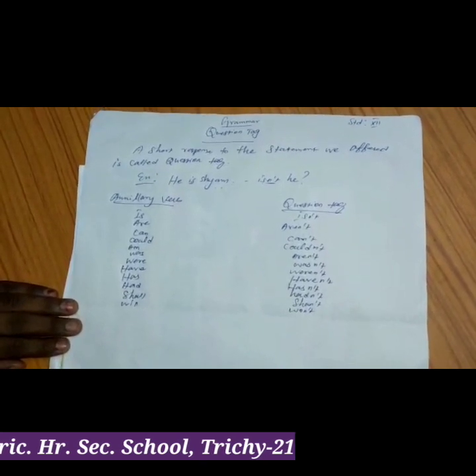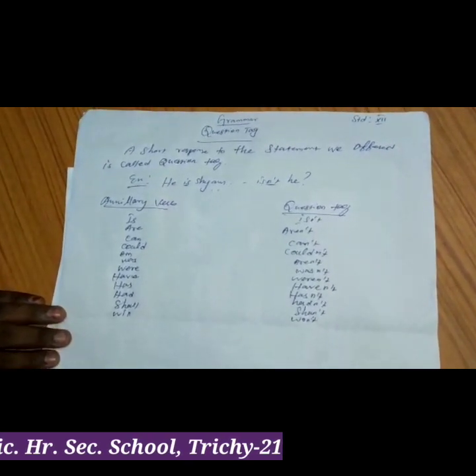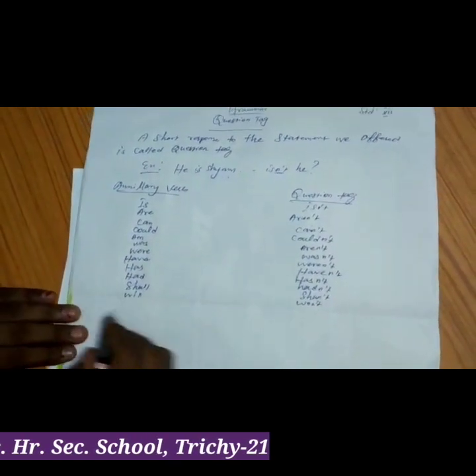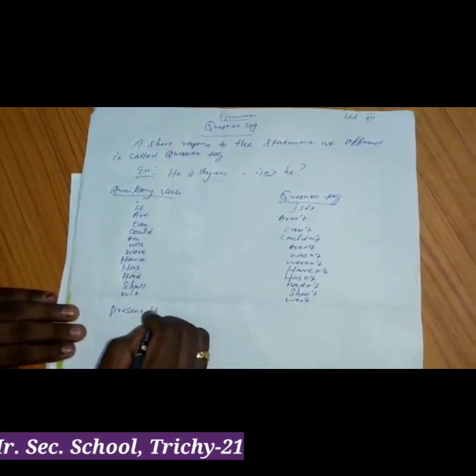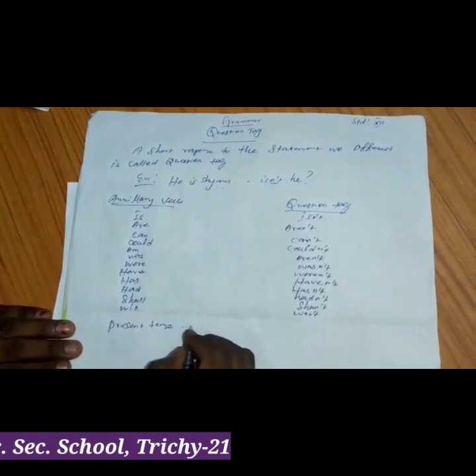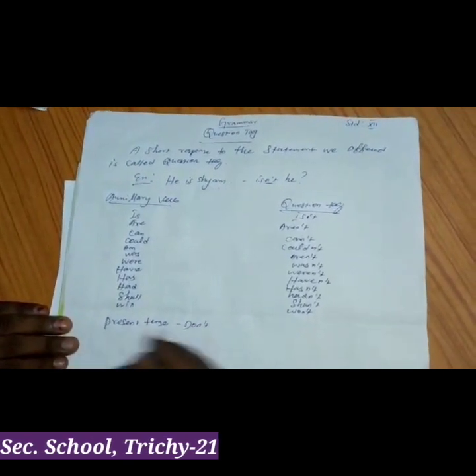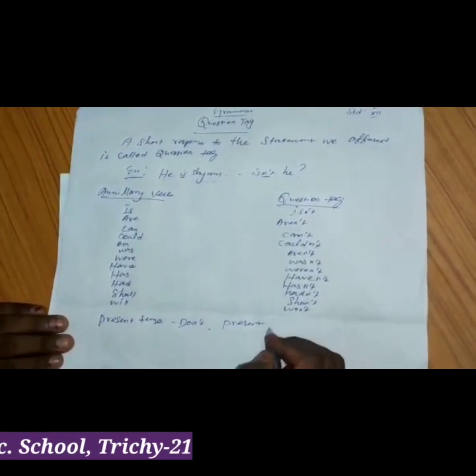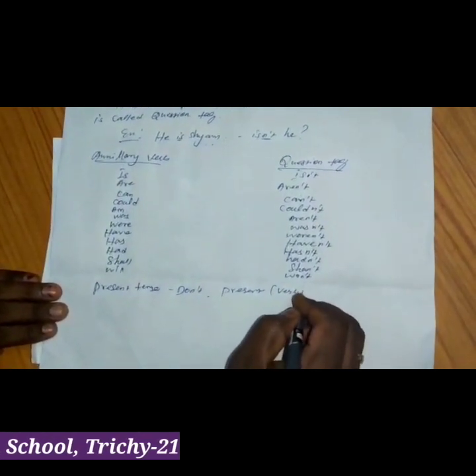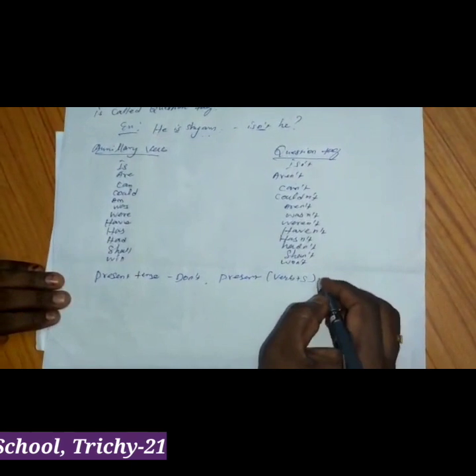For past tense, if the main verb is past tense, how will you make this? Did. This is the do form, we can call it. Here, present tense: don't. The same present verb plus s: doesn't.